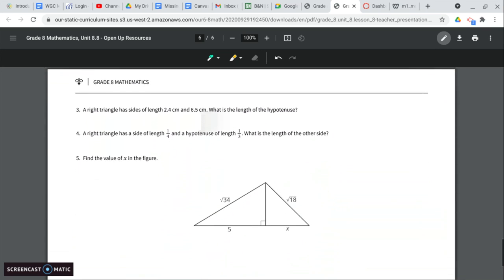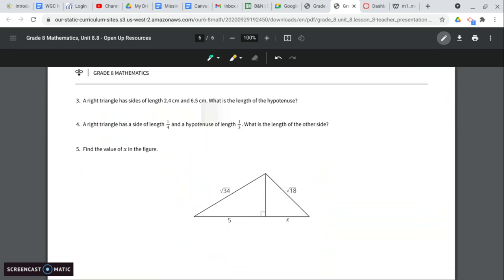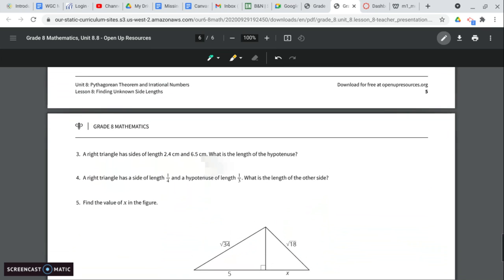All right, a right triangle has side lengths of 2.4 centimeters and 6.5 centimeters. What's the length of the hypotenuse? So 2.4 squared plus 6.5 squared equals C squared, because it tells us those are the sides when we're looking for the hypotenuse. So 2.4 squared is going to give us 5.76 plus 6.5 squared is 42.25 equals C squared.